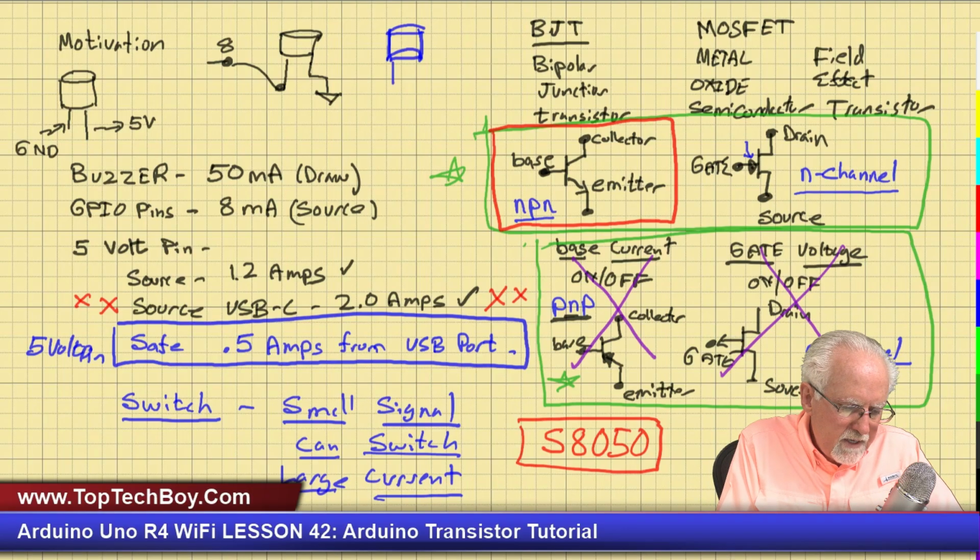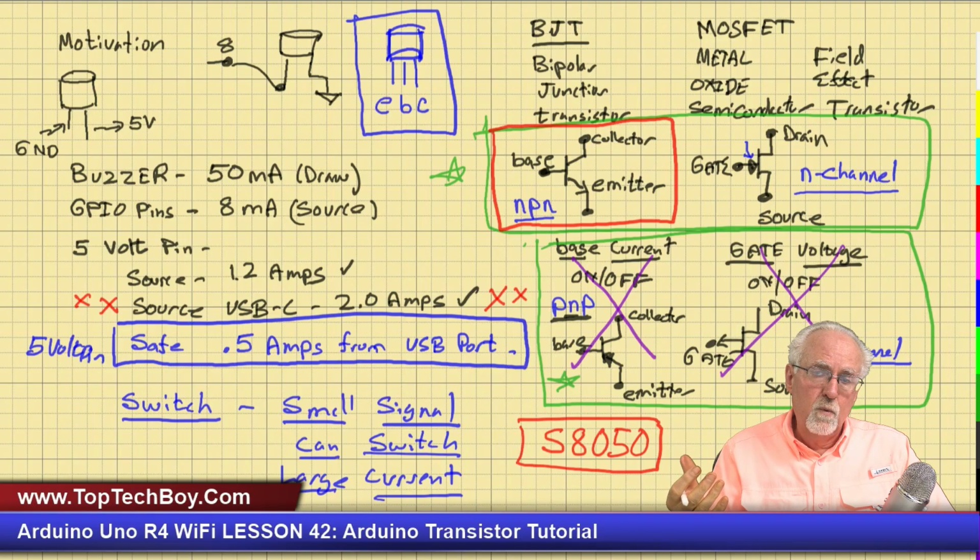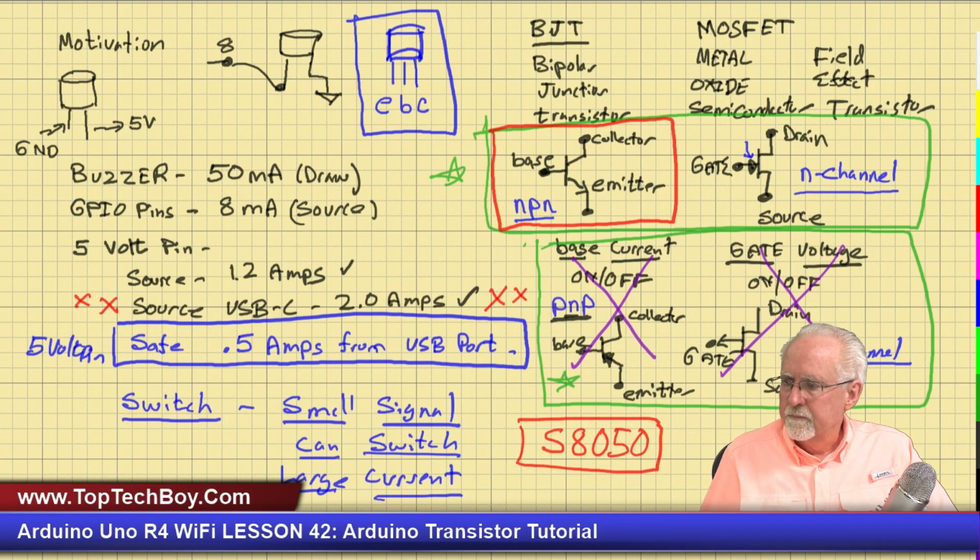When the flat side is pointed towards me, the pin on the left is the emitter, the pin in the middle is the base, and the pin on the right is the collector. So it goes emitter, base, collector as you go left to right, holding the flat part pointed towards you. Let me see if I can demonstrate that.